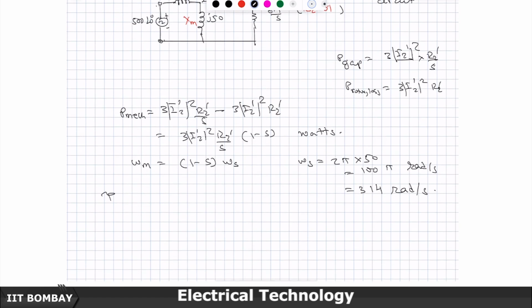And so the torque generated in the machine is P mechanical divided by omega m, which is 3 I2 dash squared R2 dash by S into 1 minus S, divided by omega m, which is 1 minus S times omega S.